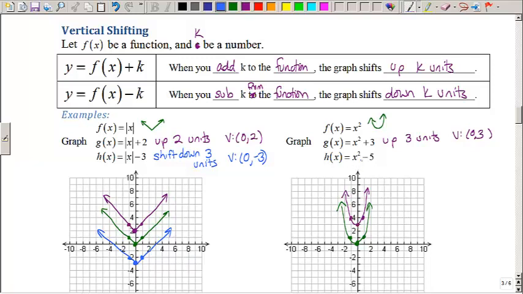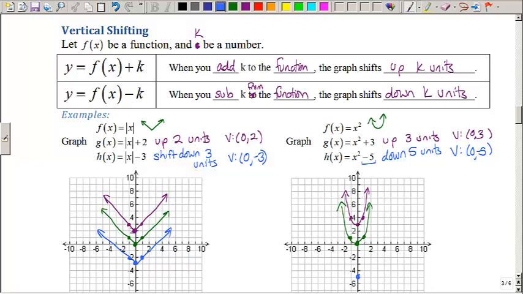H of x equals x squared minus 5. The minus 5 behind the parent function x squared tells me that I need to shift down 5 units, making my new vertex at 0, negative 5. So I shift down 5.